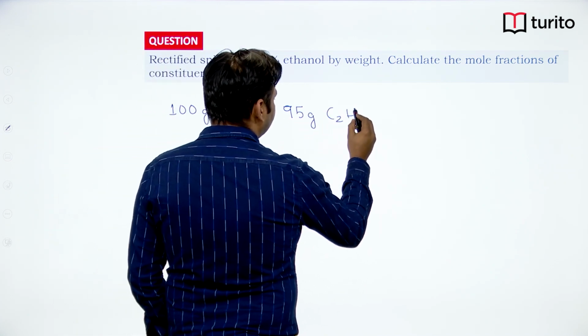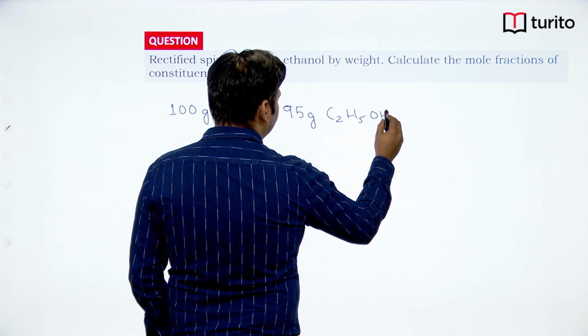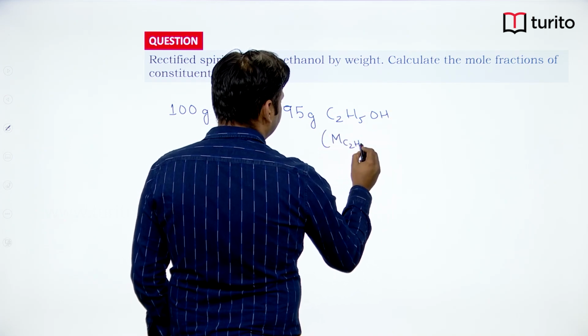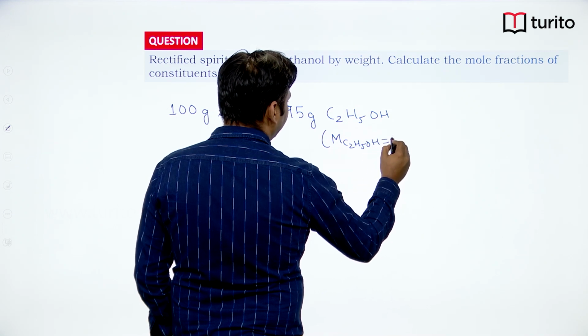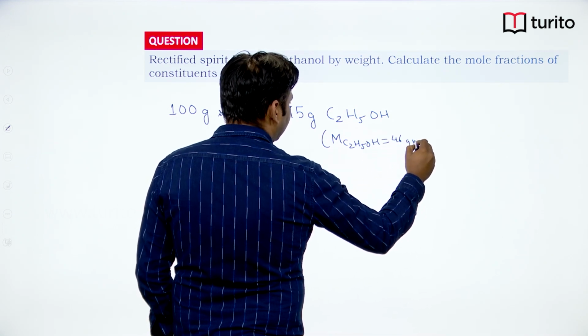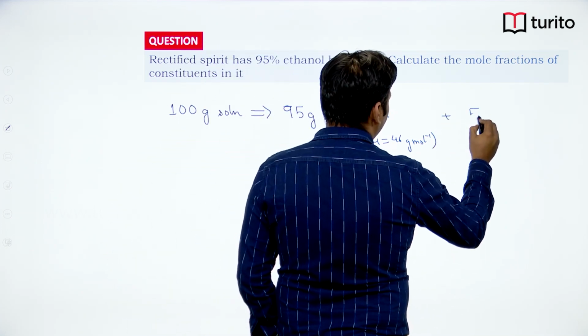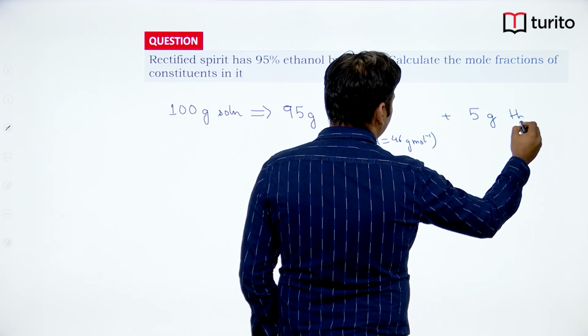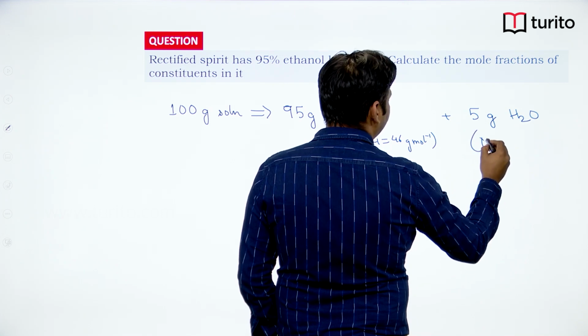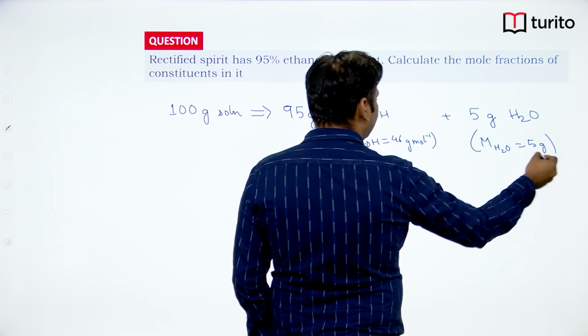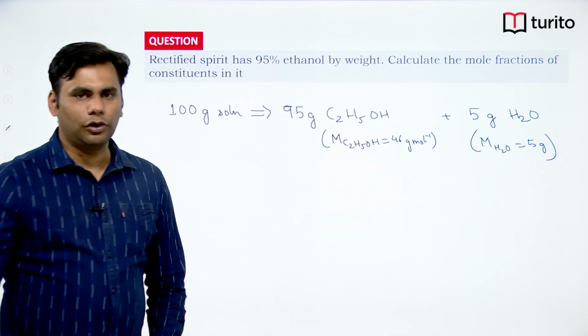Okay, so the molar mass of ethanol, you can calculate this. This would be 46 gram per mole. And the remaining amount would be water, so this is basically 5 gram of water. The molar mass of water we know is 18. Don't confuse the capital M with molarity.